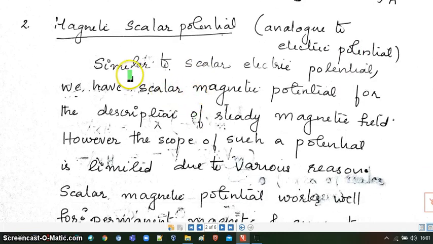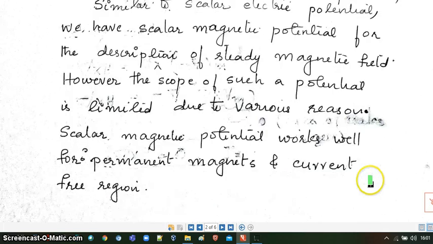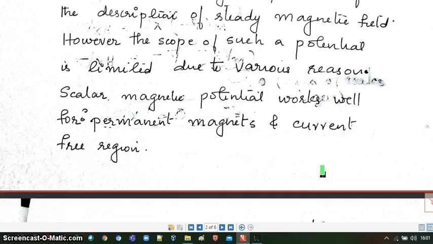So similar to scalar electric potential, we have scalar magnetic potential for the description of a steady magnetic field. However, the scope of such a potential is limited due to various reasons. Scalar magnetic potential works well for a permanent magnet and a current-free region.